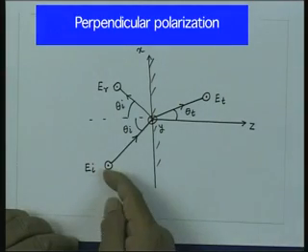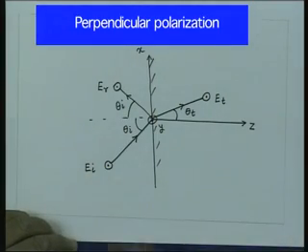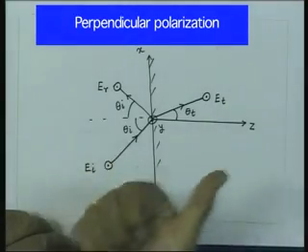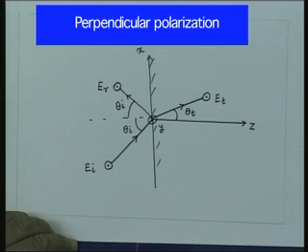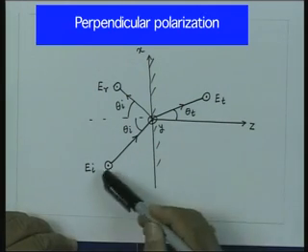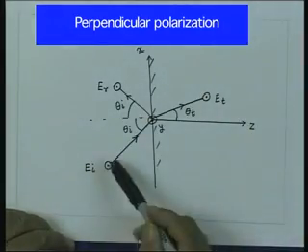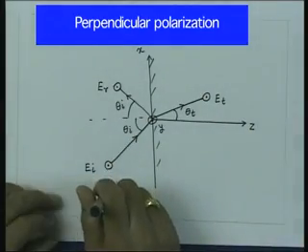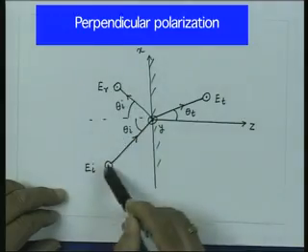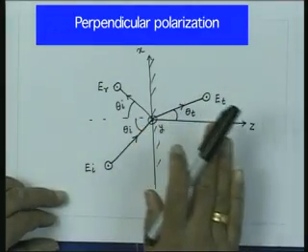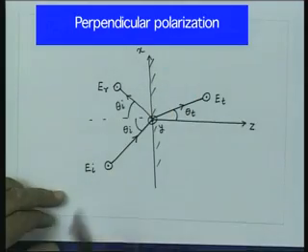So, in this case, since the electric field is coming outwards, if my fingers go from electric field to magnetic field, thumb must point in the direction of the wave propagation, and E and H must be perpendicular to each other. So, it is very clear, since E for all the three waves are perpendicular to the plane of the paper, the magnetic field vectors for all the three waves must lie in the plane of the paper, that is they must lie in the plane of incidence.